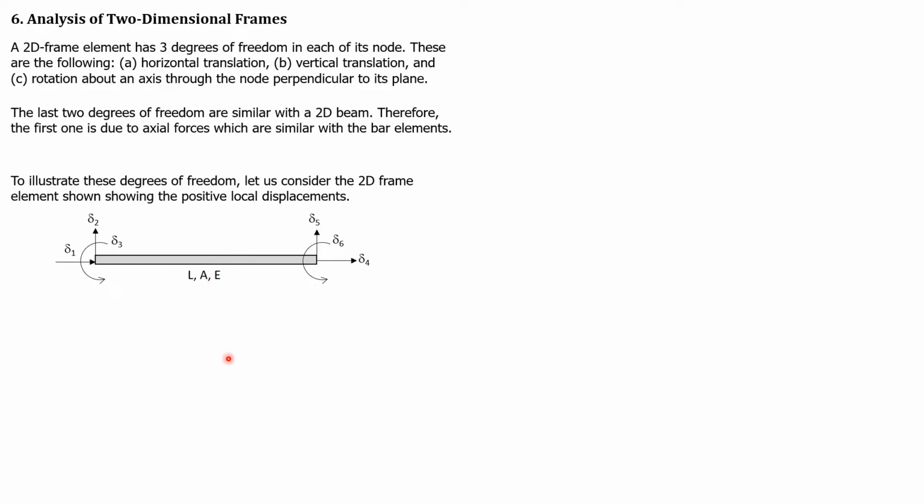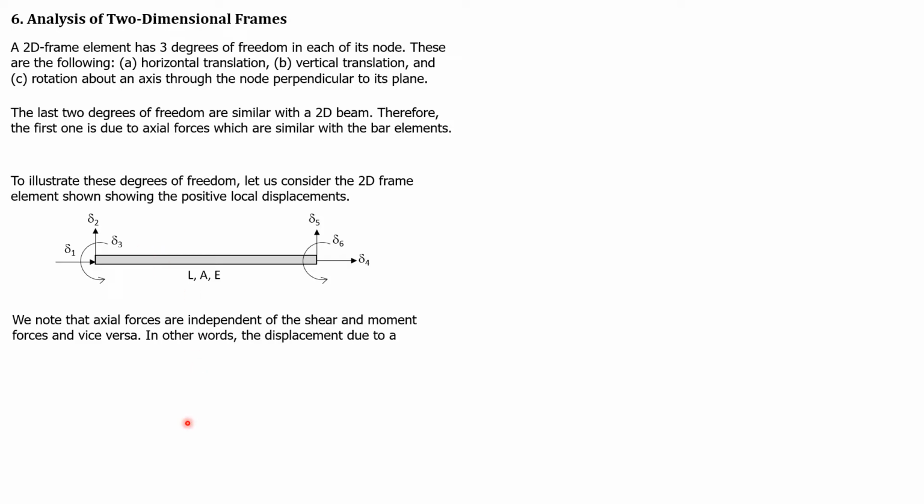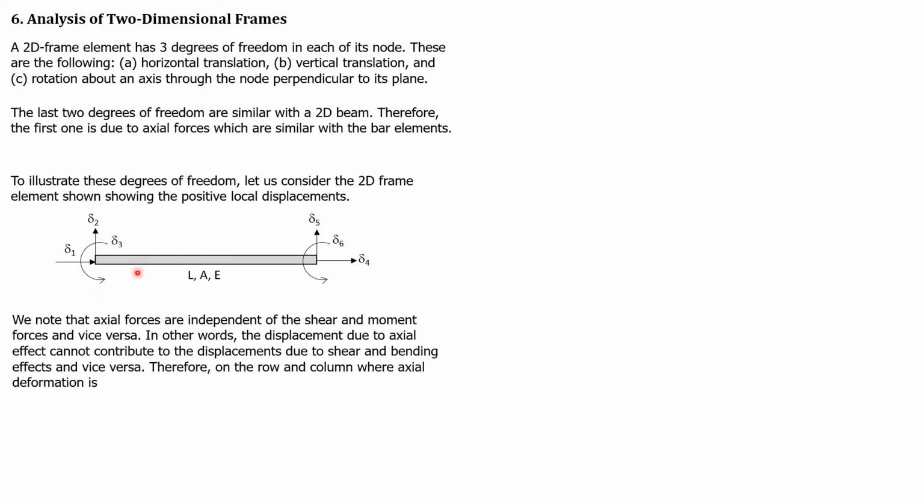So these are the properties of the frame element. We have length, area, and modulus of elasticity. So we note that axial forces are independent of shear and moment forces and vice versa. So the displacement due to axial effect cannot contribute to displacement due to shear and rotation. So in each row, it's only due to axial effect.